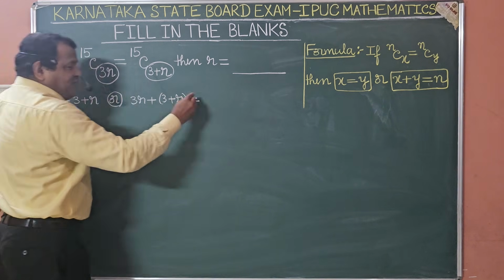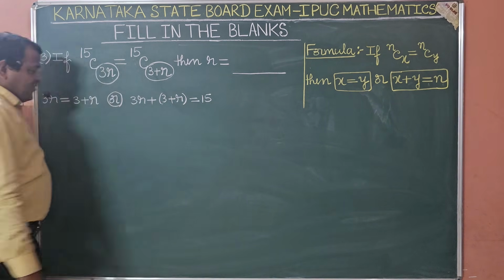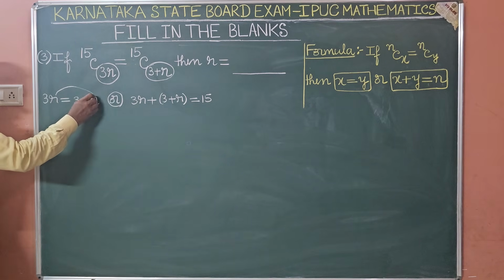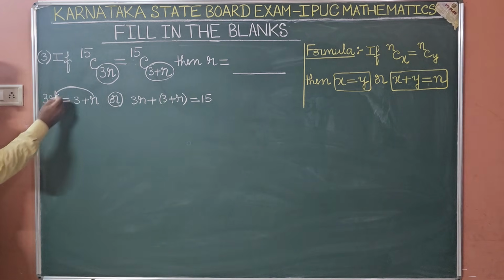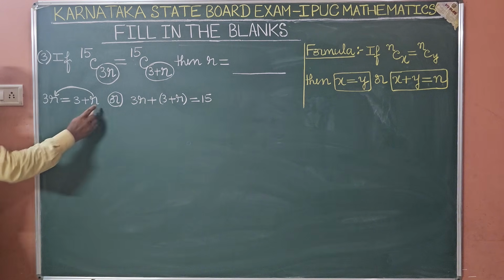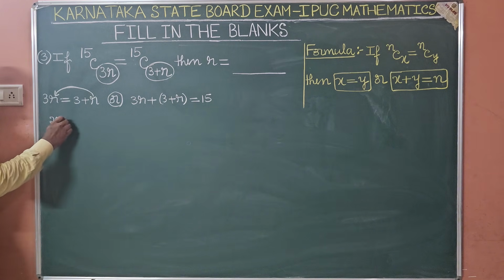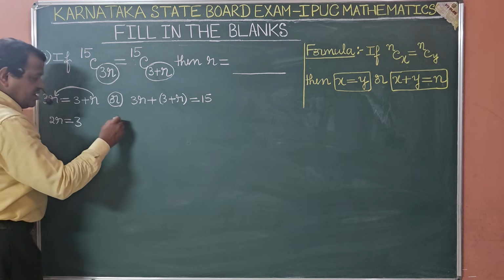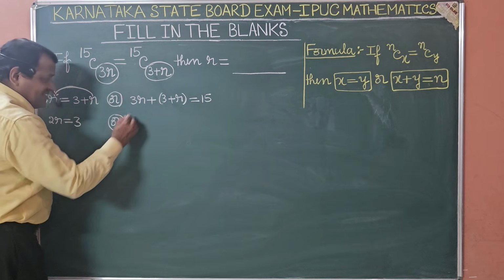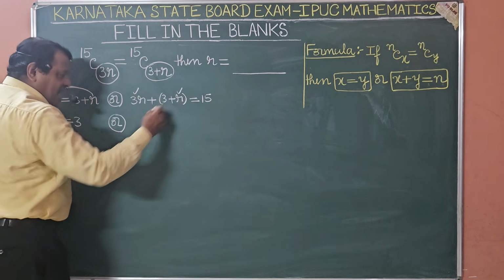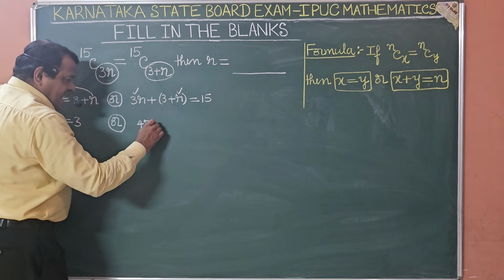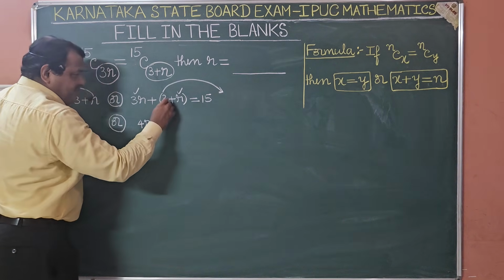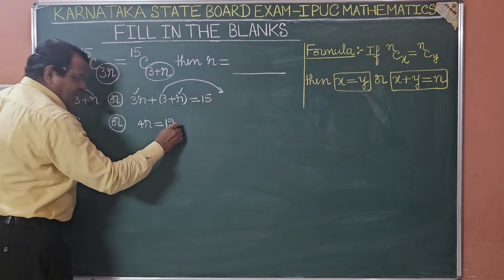n is 15. If I simplify the first one, this r I will transpose here. So it will become 3r minus r, 2r. 2r is 3 remaining. Or if I add this, 3r plus r, 4r, and this 3 if I transpose, 15 minus 3, 12.